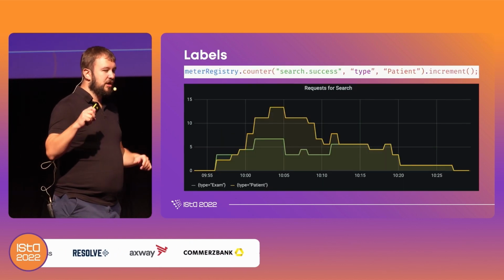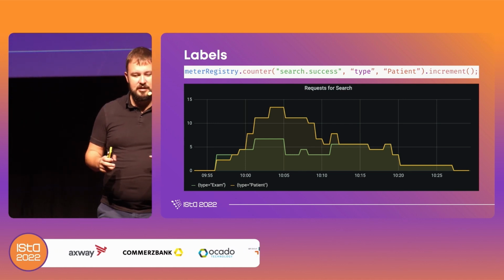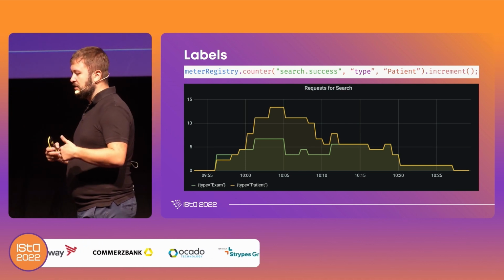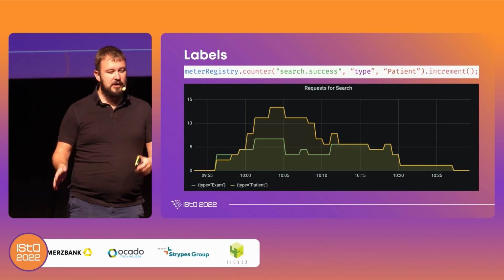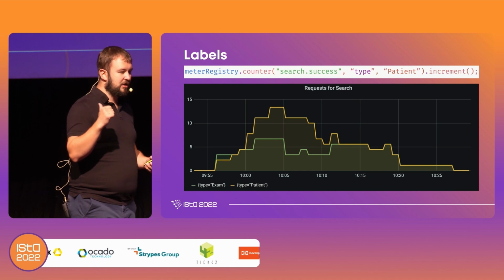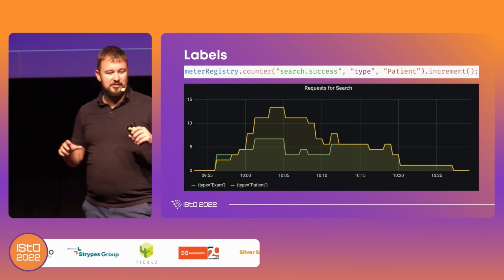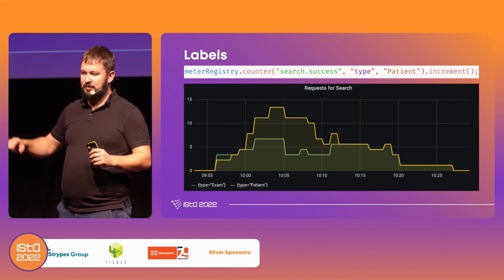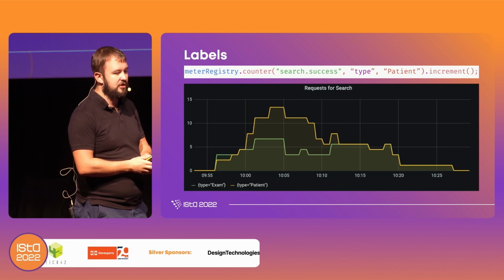And you can add labels to the metrics. So here you have a counter, and you can add labels that are meaningful to your application, and later you can filter or group by those metrics. And over here you can see that we have added the type of the search. And there is a different graph for how many times somebody searched for a patient, how many times they searched for an exam.